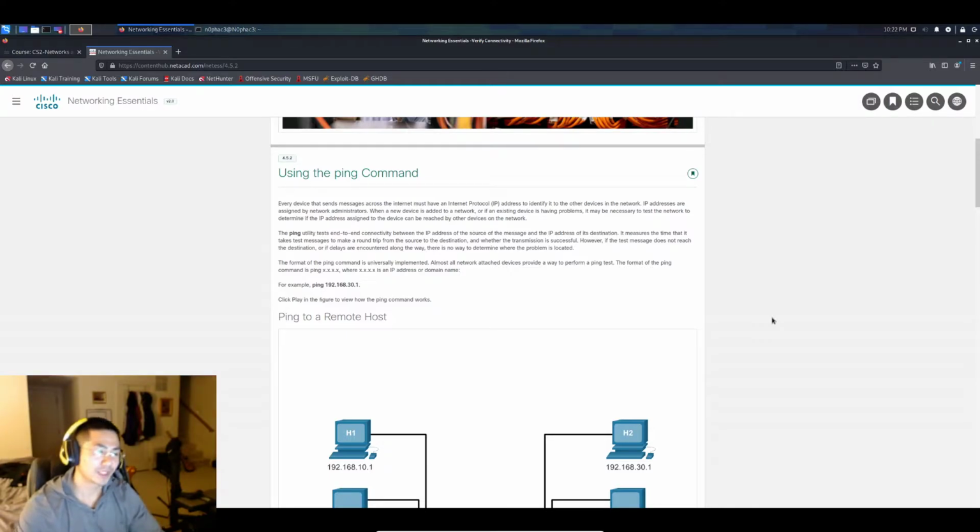protocol. We haven't got into it yet, but I just wanted to put that disclaimer out there that we talked about MAC addresses and NICs being layer 2. Ping is a layer 3 protocol, also known as ICMP, Internet Control Message Protocol.